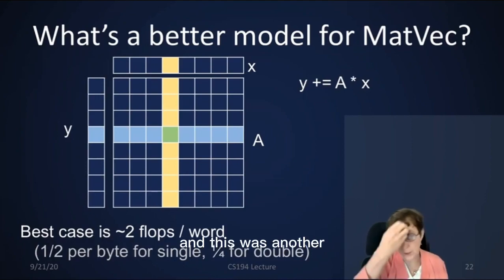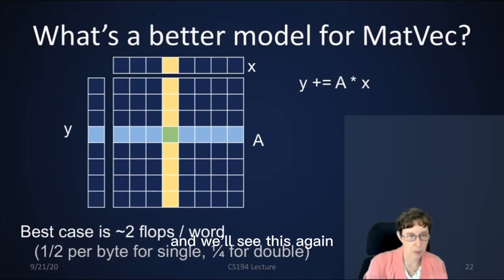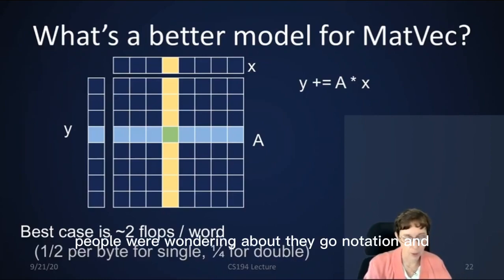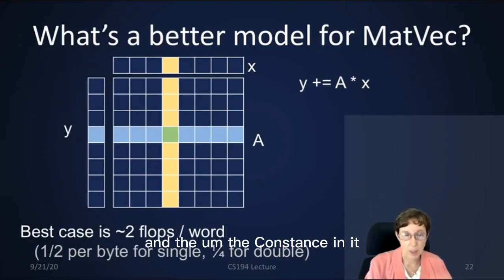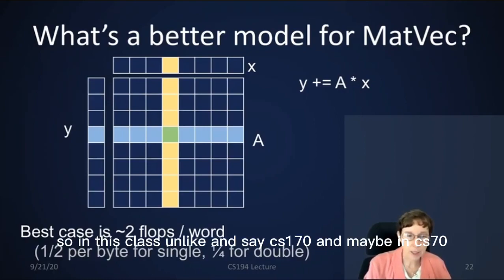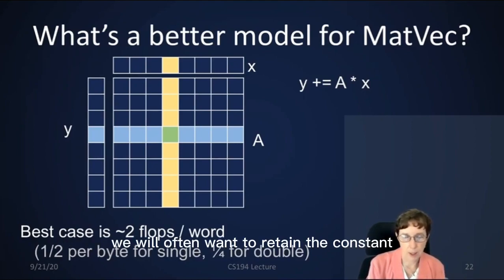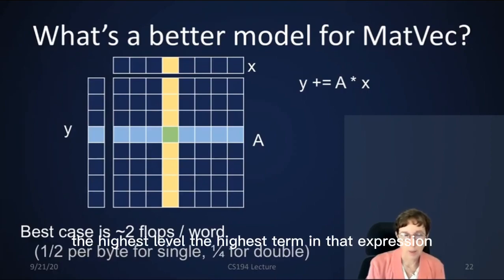And this was another question that's come up a few times, and we'll see this again, when people were wondering about big O notation and the constants in it. So in this class, unlike in say CS 170 and maybe in CS 70, we will often want to retain the constant in front of the highest term in that expression.